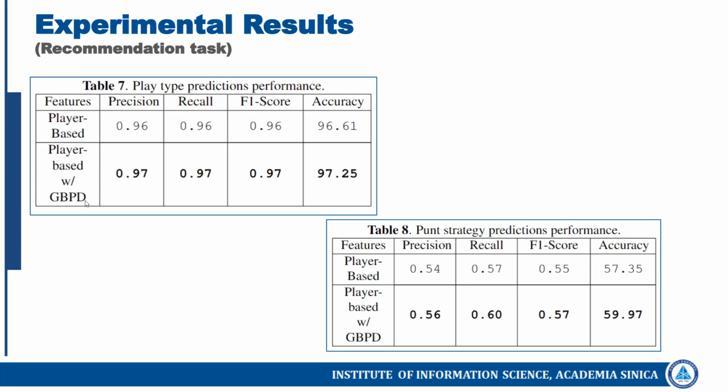The result shows that the model with our proposed GPPD features has better accuracy compared to the existing works. This demonstrates that the GPPD managed to model the positional dependency for the players, specifically the kicker in the field, which expresses the power of the positional influence.